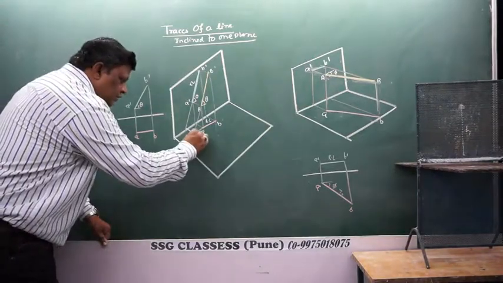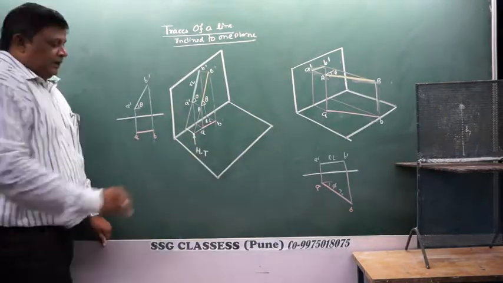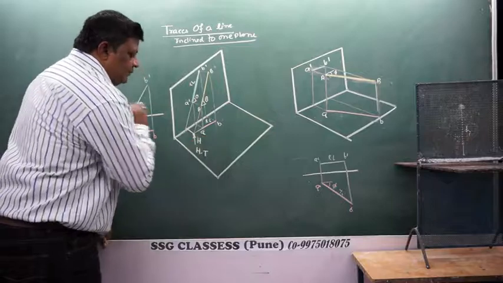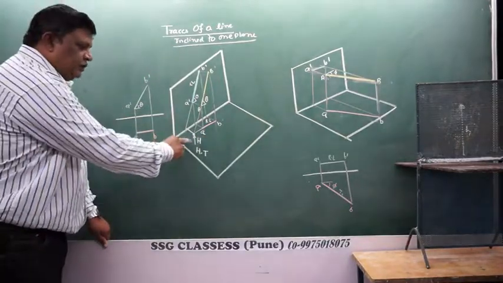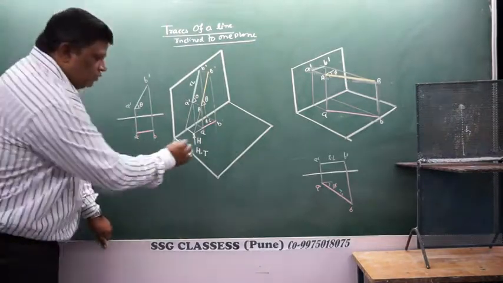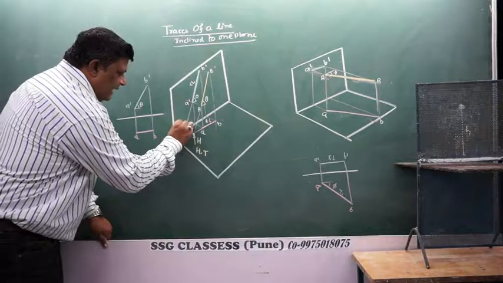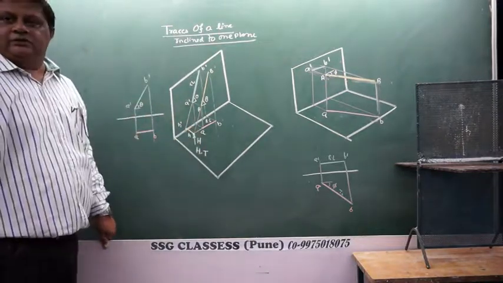So this is called the horizontal trace, given by capital letter H. Obviously, this H will have two views, one front view and one top view. So the front view is given as H dash and the top view is given as H.